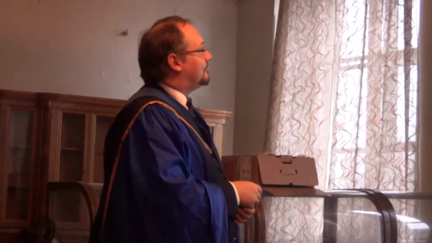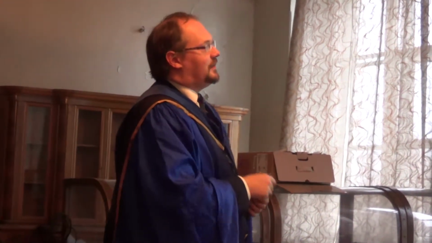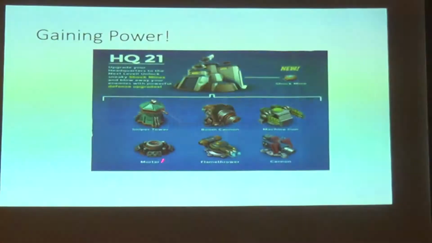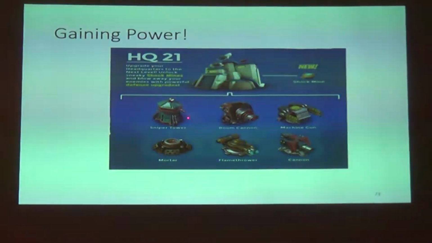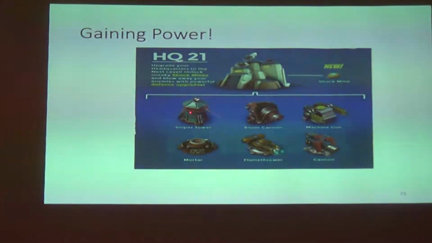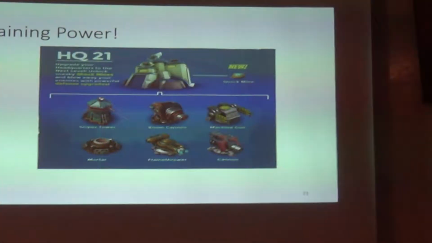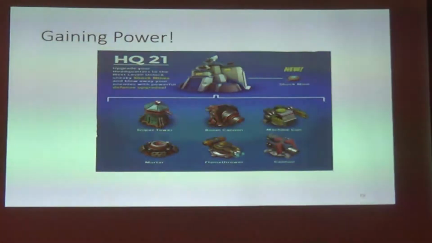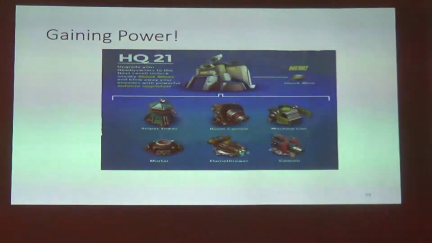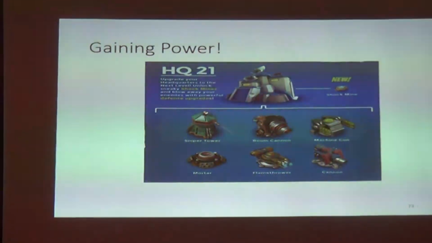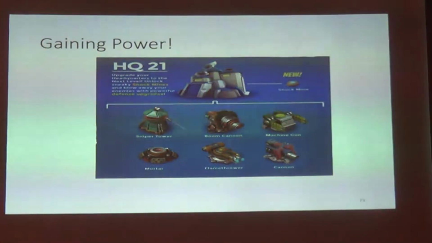Okay. Gaining power is a big, huge thing inside of a lot of games for giving a good motivation. Look at this. This is the sniper tower at HQ level 21. It's big, it's got huge armor plates, and lots of stuff on it. Boom cannon becomes a huge boom. Machine gun now has 4 barrels. So the bigger and better and the more plates we put on there, the better you are.